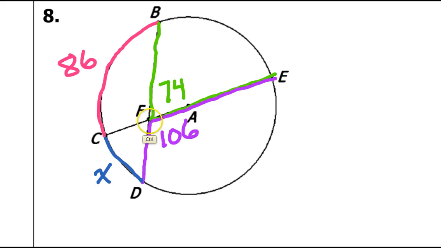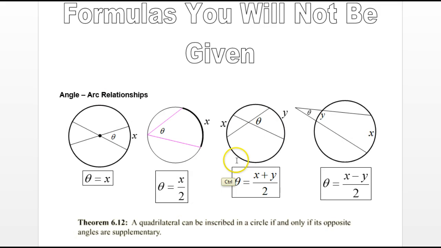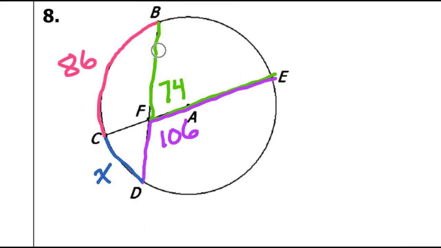Now, this angle is not at the center, so I don't get to just say, oh, these angles are both 74, so X is 74. I can't do that. It's not at the center. So instead, I need to use this formula. Angle is equal to arc plus arc divided by 2. That's the formula that represents this situation. There's one problem with that.